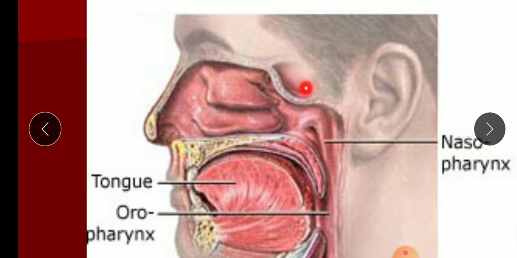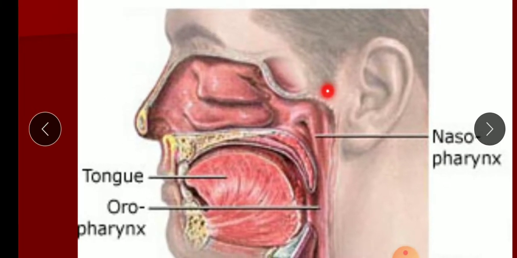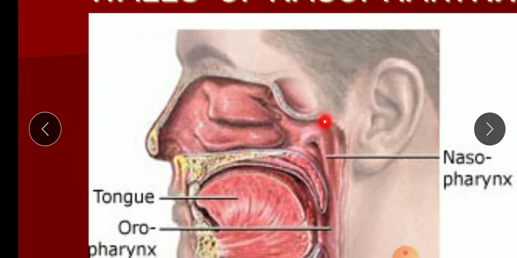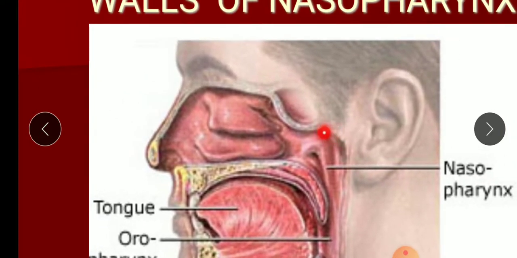First is the roof. This is the roof of the nasopharynx. The roof of the nasopharynx is formed by the body of the sphenoid plus the basilar part of the occiput bone.